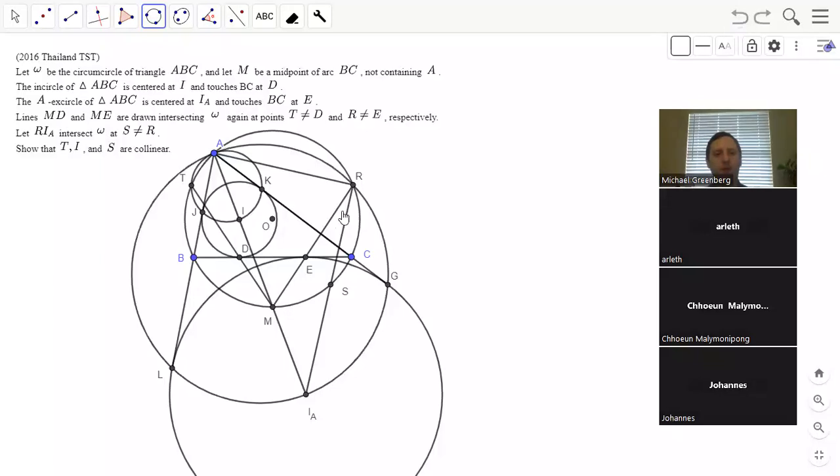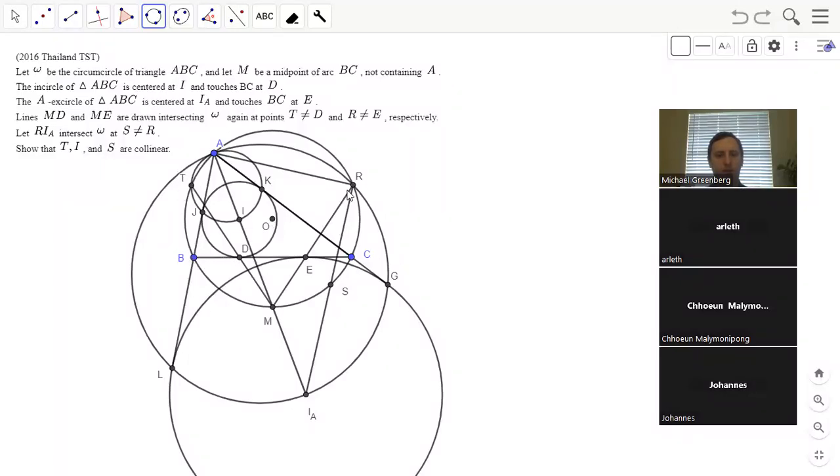Well, okay, basically we showed TD and M are collinear. Now we want to show RE and M are collinear. And the way we show TD and M are collinear is that we show TD bisects angle BTC, and we do that by the angle bisector theorem and some similar triangles.